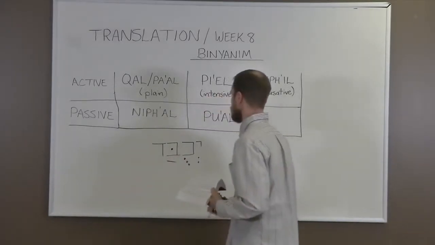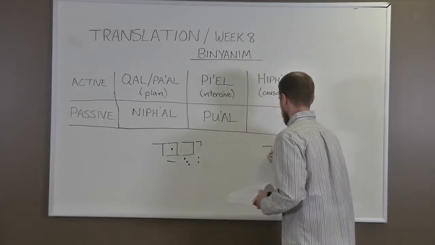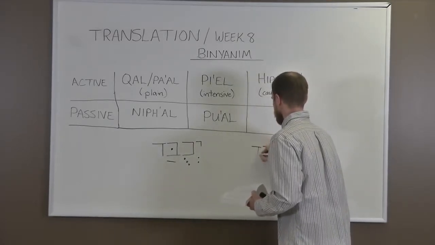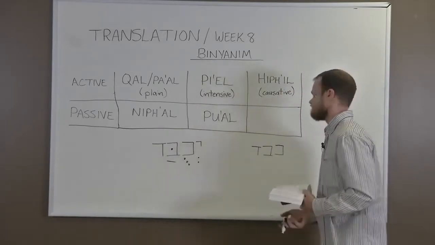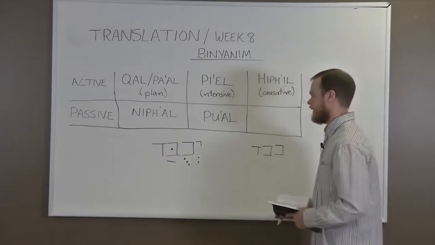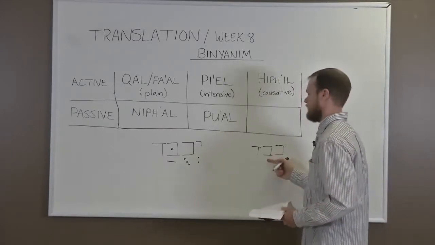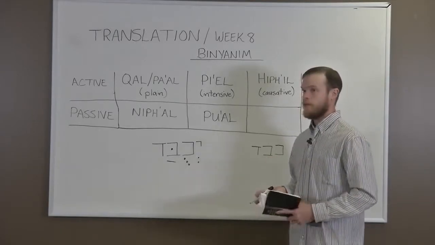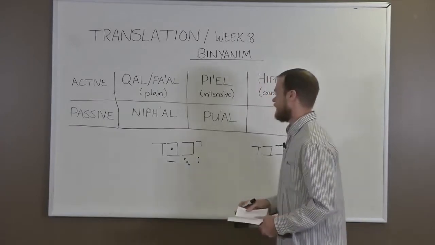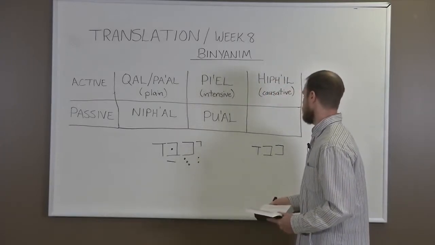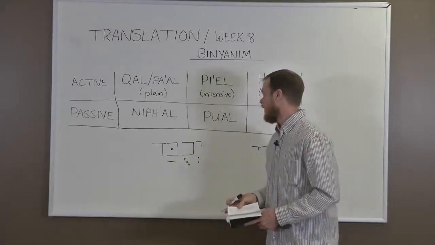Yehubad. So the root of this is Kaf Beit Dalet. And this has sort of two meanings. The basic meaning is to be heavy. Pharaoh's heart was made heavy at one point, or hardened. But the other meaning, which has to do with weight, but in a more metaphorical sense, is to give honor.